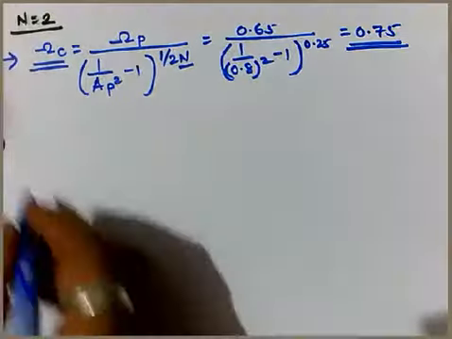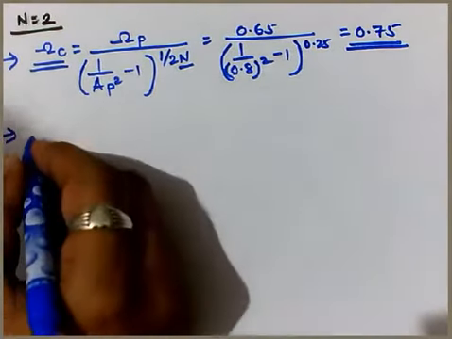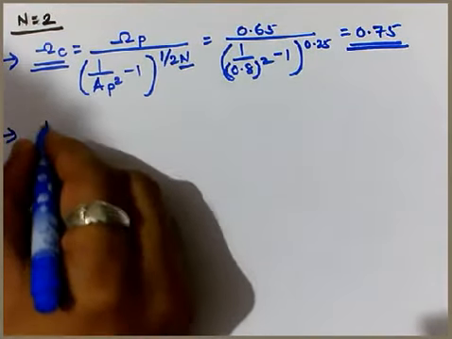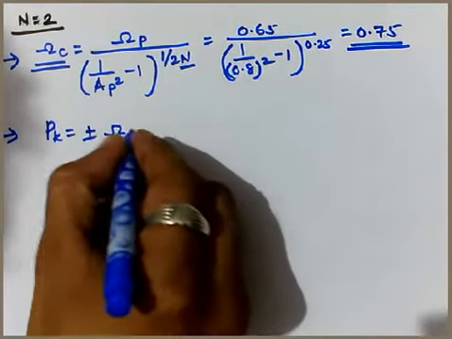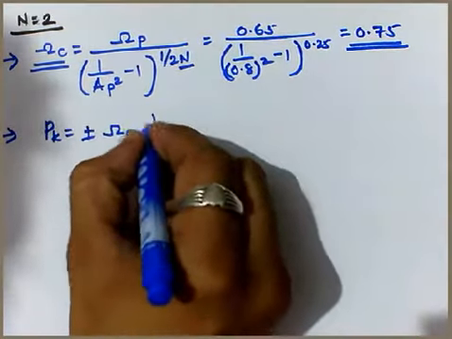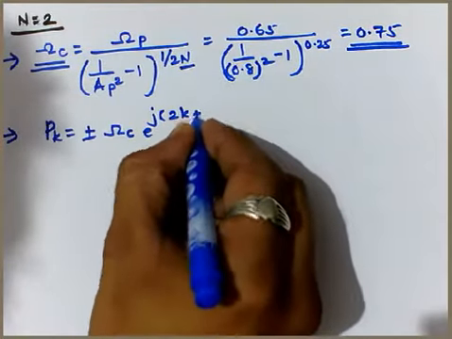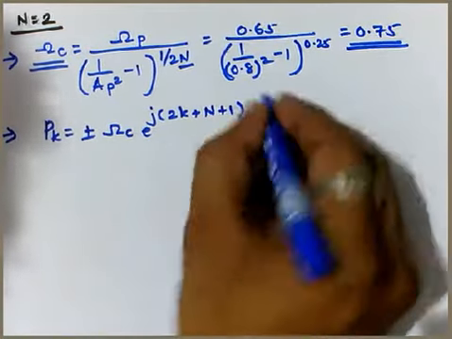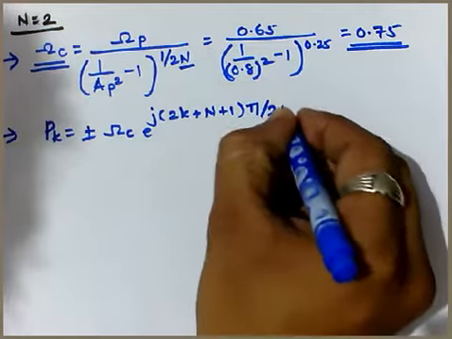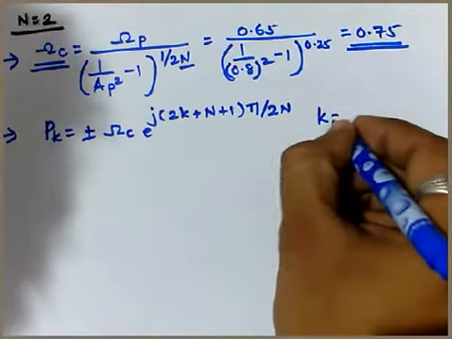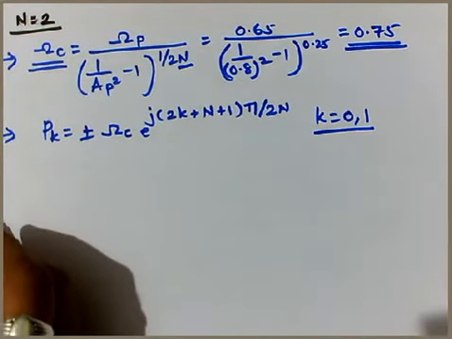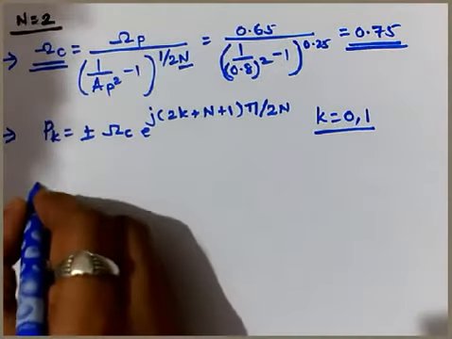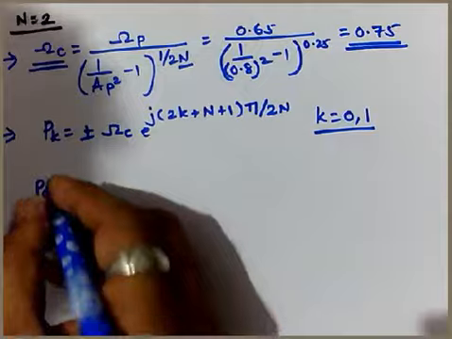Now once we got the ΩC, let's proceed to calculate the poles. Poles are given by the formula Pk is equal to plus or minus ΩC e raised to j(2k plus N plus 1)π by 2N, where k is ranging from 0 to N minus 1, so it will have only 0 and 1. Let's calculate the first pole, that is P0.